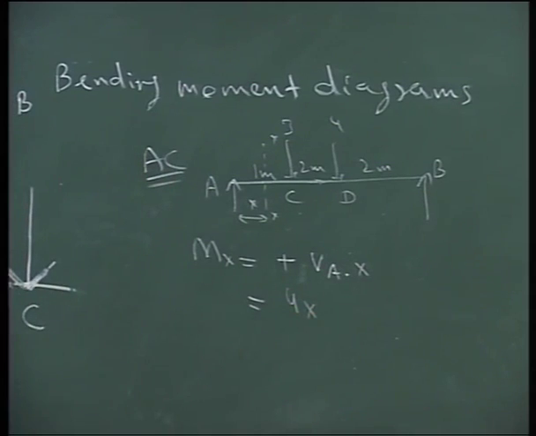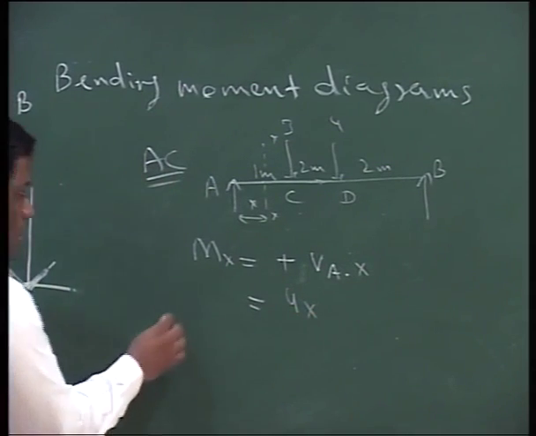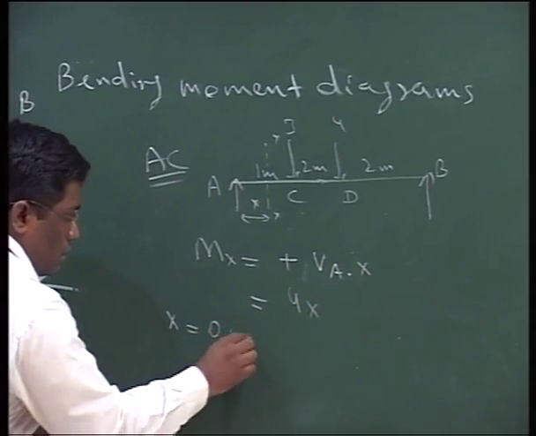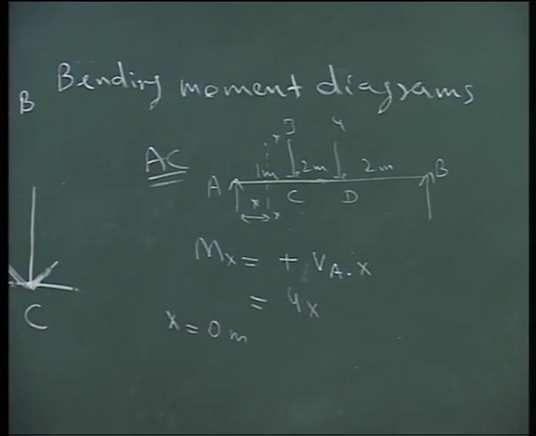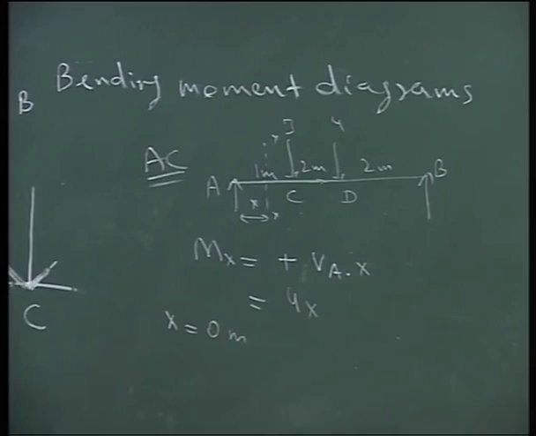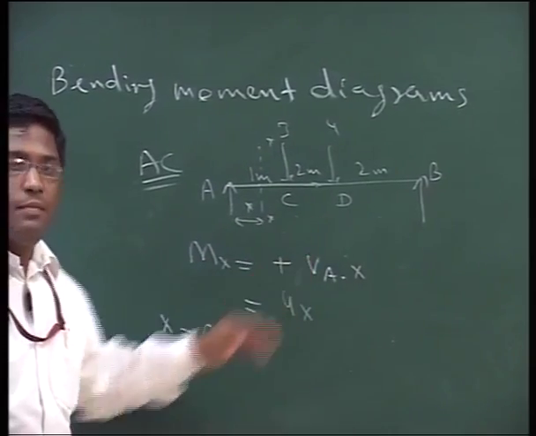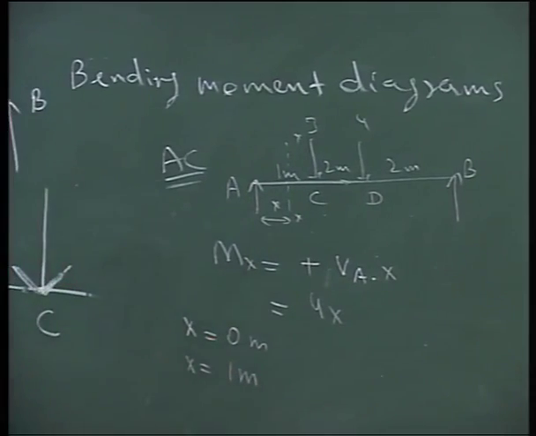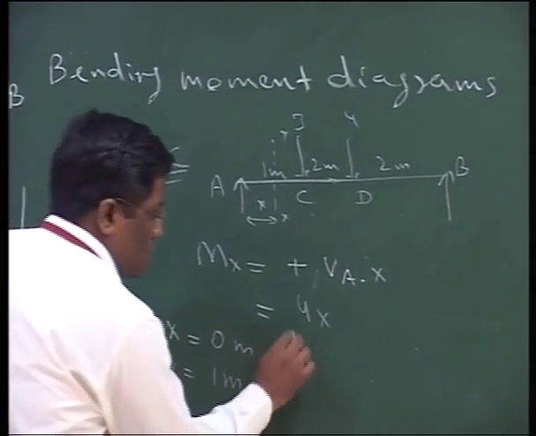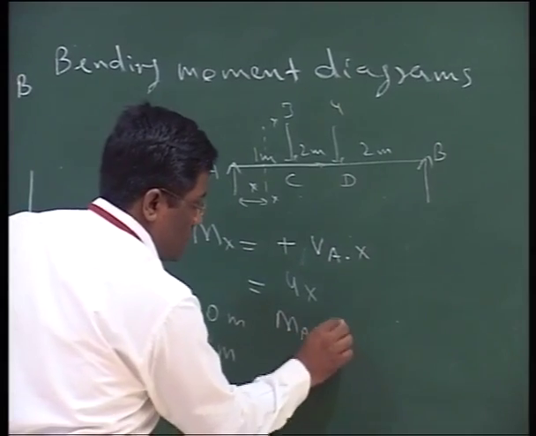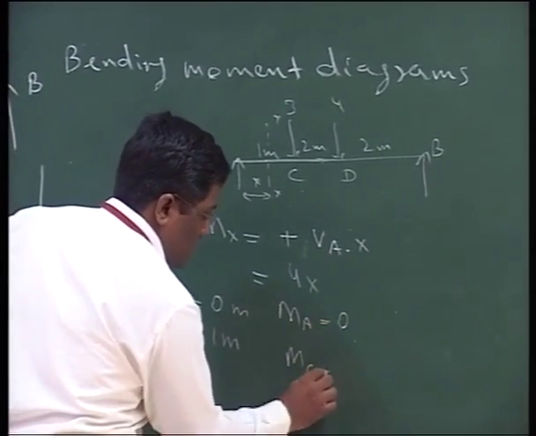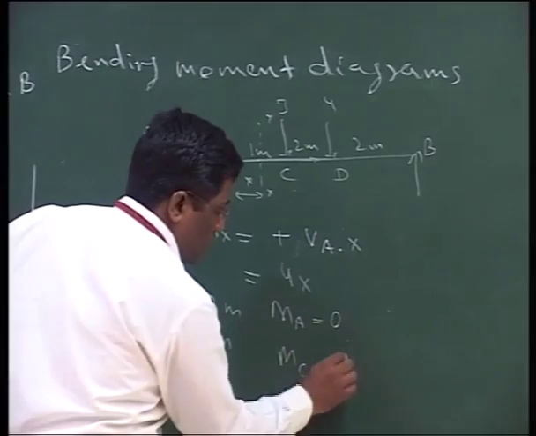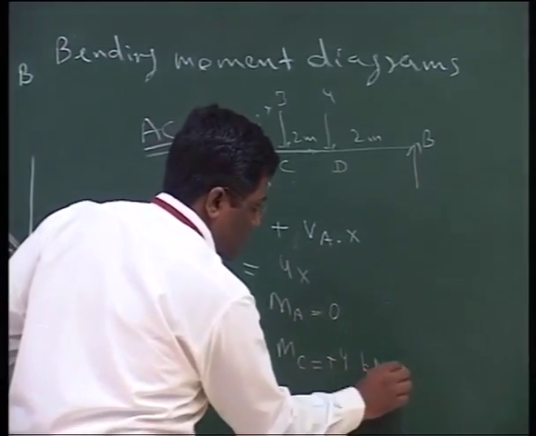Now, for the first time we have the x component here. The limits of this particular equation are A to C, that means x is equal to 0 to x is equal to 1 meter. So at x is equal to 0, MA will be 0, and at C it will be 4 into 1, that means 4 kilonewton meter.